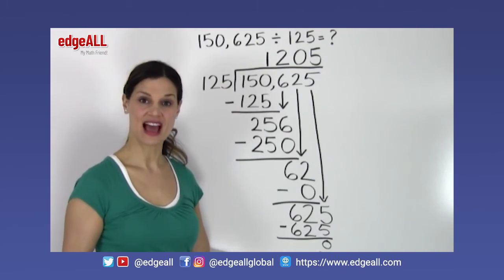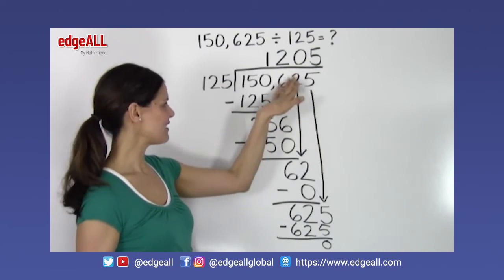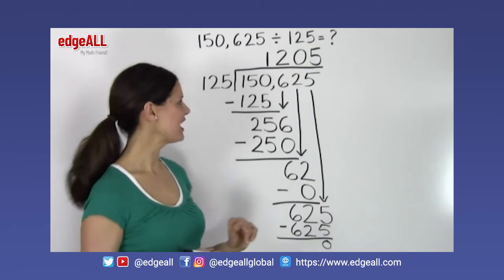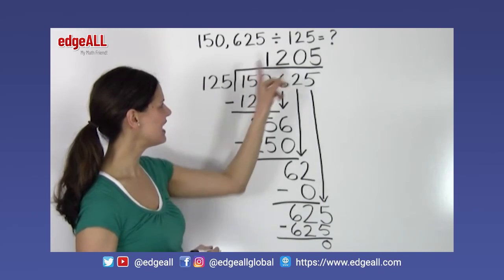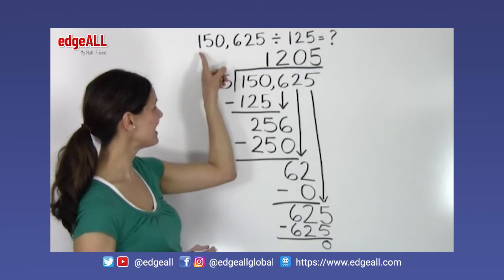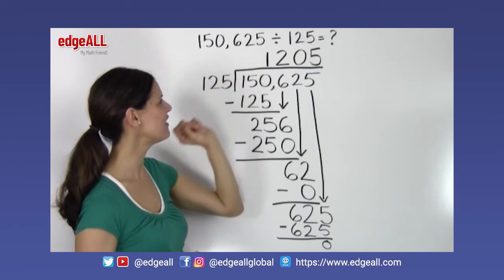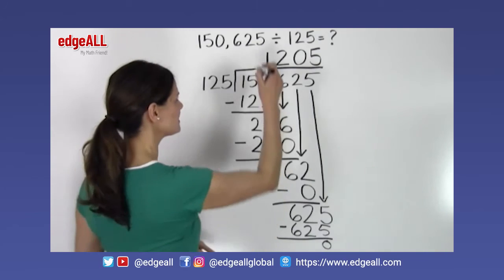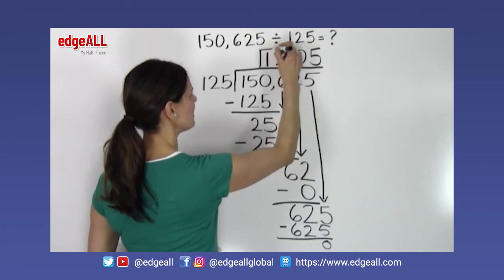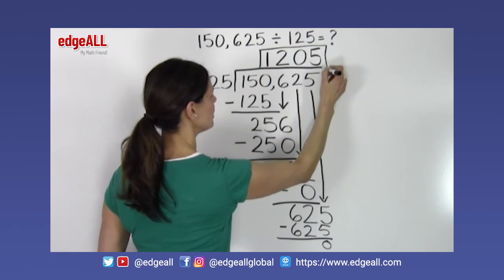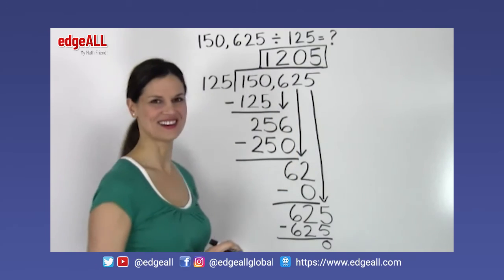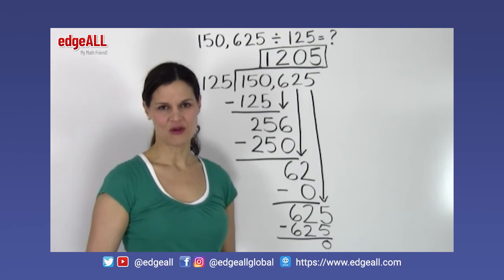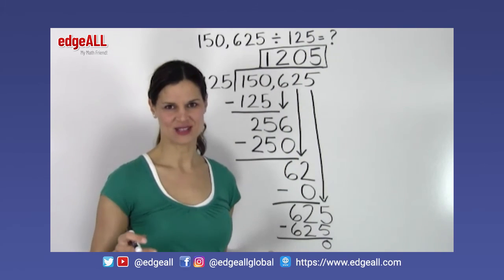Now that I have a remainder of 0, and I've used up all the digits in my dividend, I am finished with the calculation of this problem. 150,625 divided by 125 equals 1,205 with no remainder.